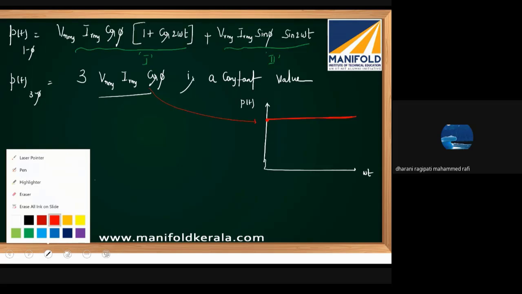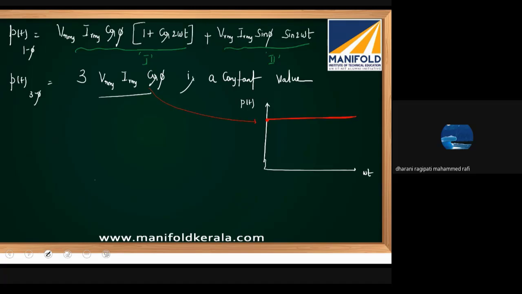But what happened here is that we have computed the reactive power for A phase. That is, the reactive power component for A phase is VRMS IRMS sin phi into sin 2 omega t.